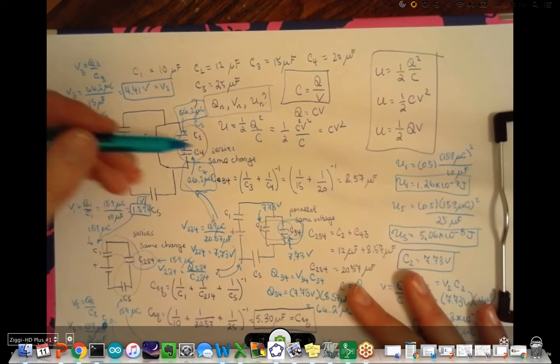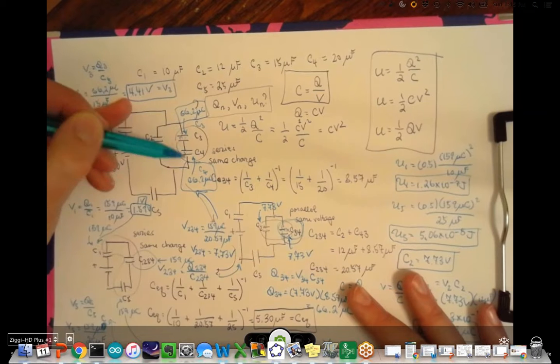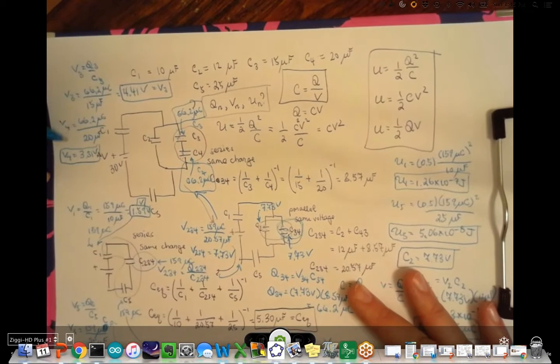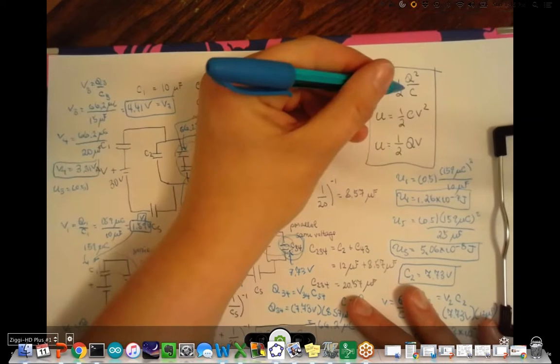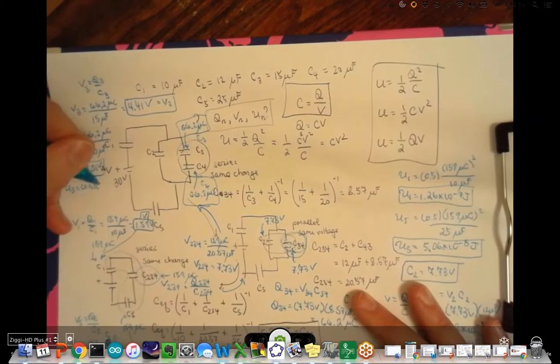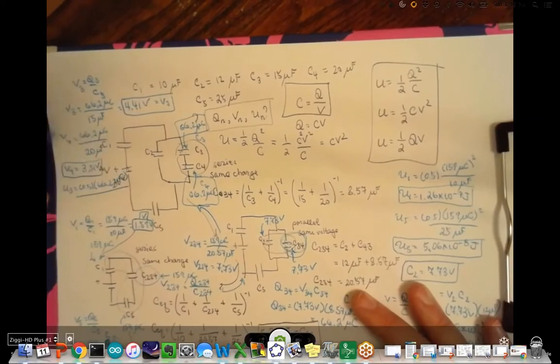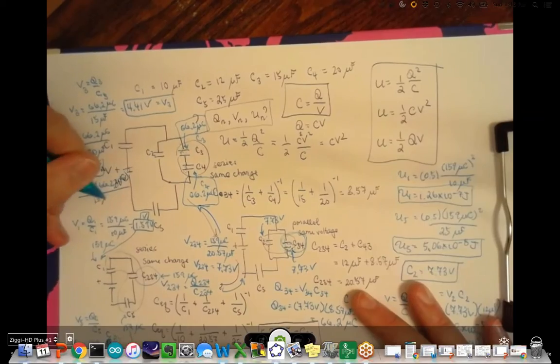All right, so we're pretty much back. The charge on this one is equal to the charge on each of these. The voltage of this one is split between those two because they're in series. The last thing we have to do is find the energy in each of those. So U3 is 1/2 times Q squared over C, so 66.2 microcoulombs squared over C3, which was 15 microfarads.